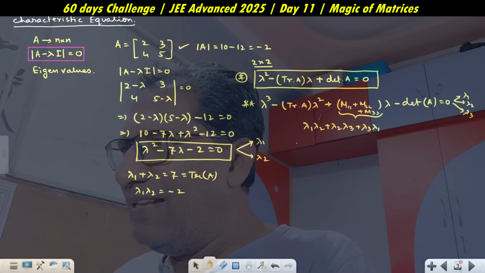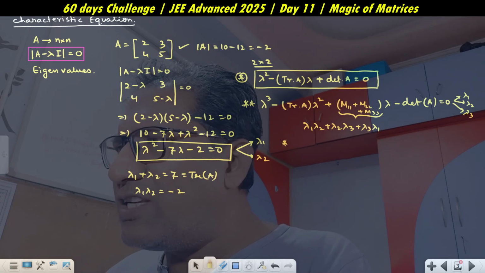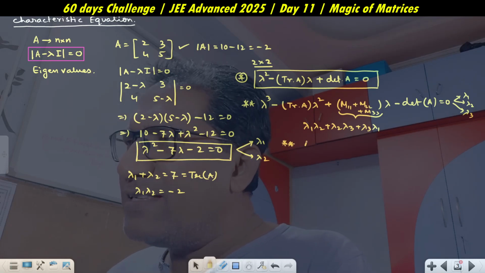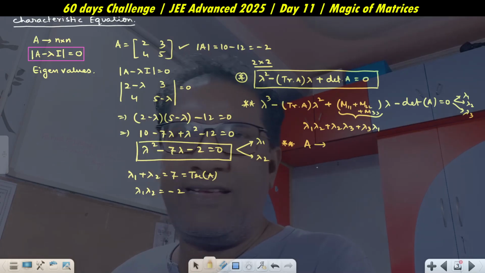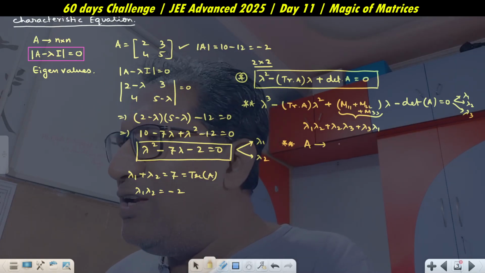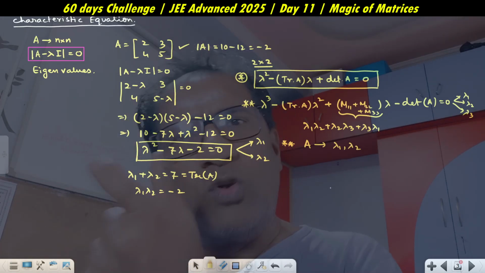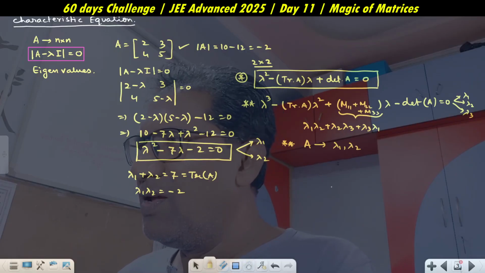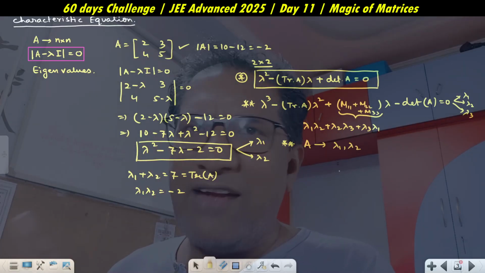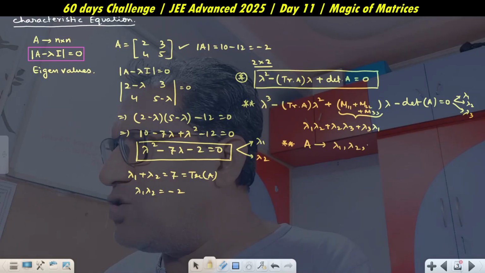Now, there are two important things that you must remember. If a matrix A has its eigenvalues like lambda 1 and lambda 2, suppose it is a 2 into 2 matrix, even you can take it as an n into n matrix, no problem. Okay, let us take an n into n matrix.